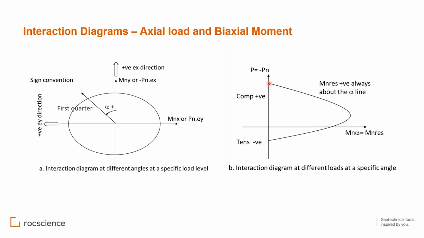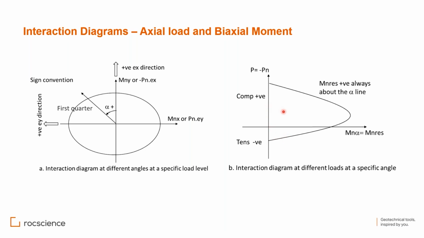Now, for each alpha, for each angle of load application, we have a certain interaction diagram between the resultant moment capacity and the resultant axial load capacity. So each point here represents an axial load capacity versus bending moment capacity, but in the direction of alpha.